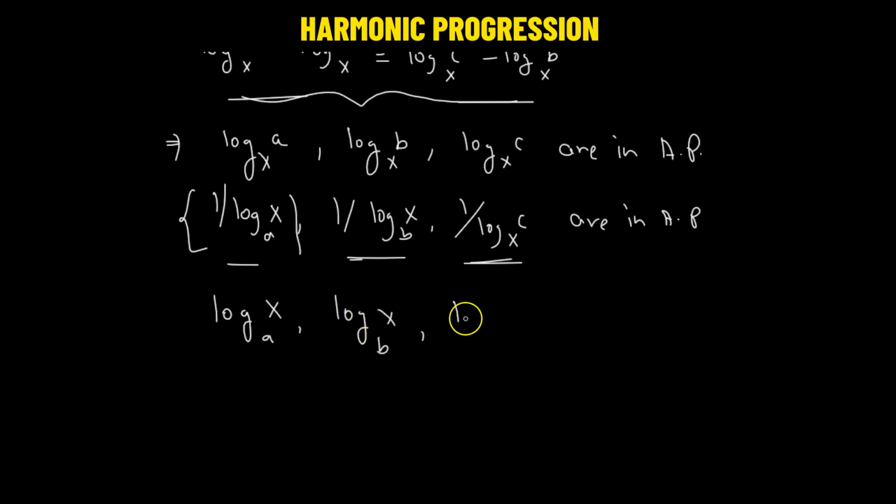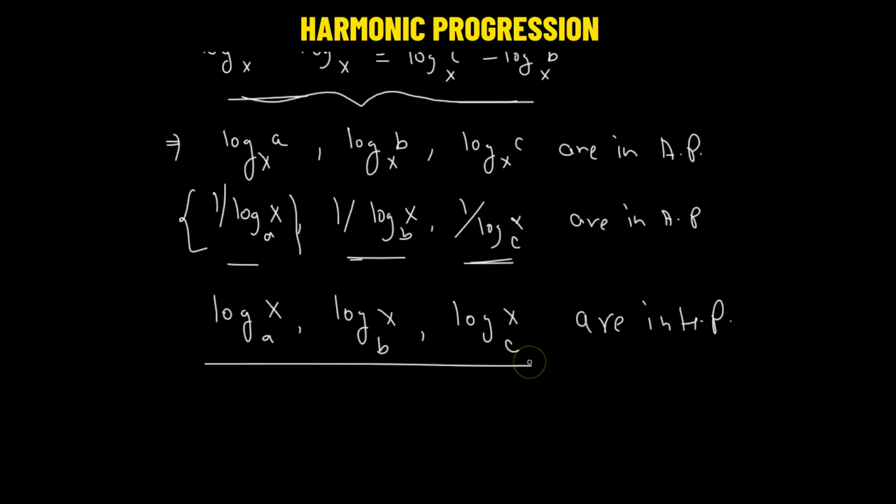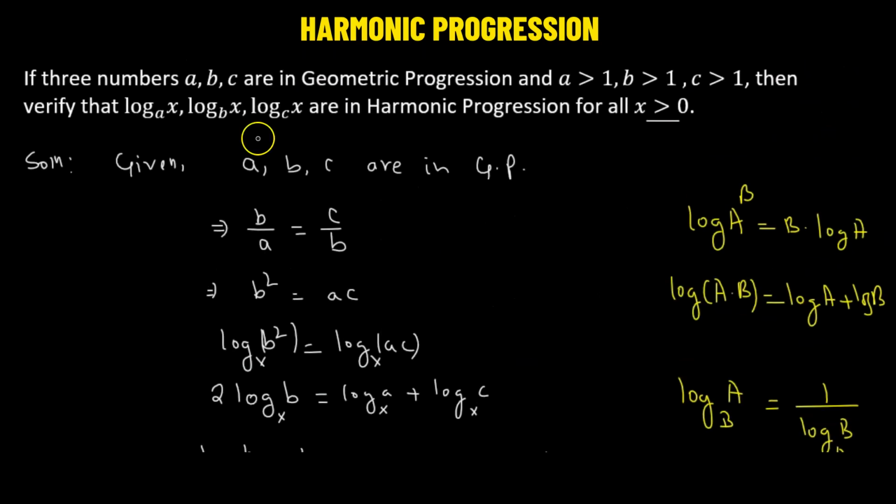The reciprocal of the third term will become log of x with a base c. So these are going to be in harmonic progression. So we have successfully shown that the three terms log x with base a, log x with base b and log x with base c are in harmonic progression.